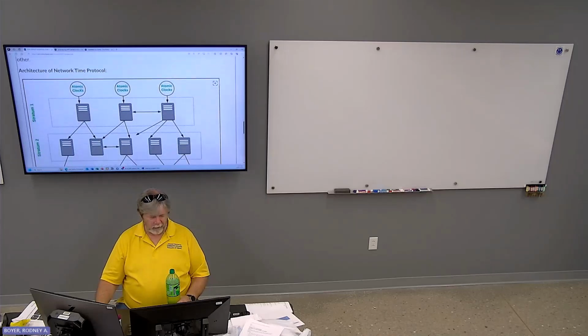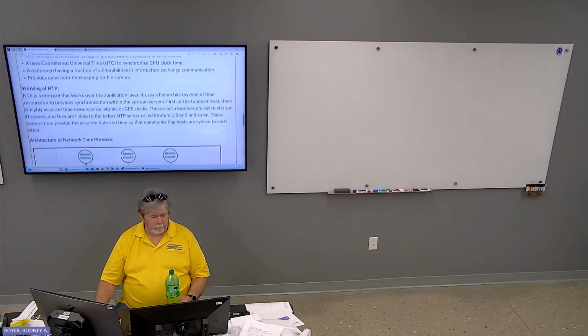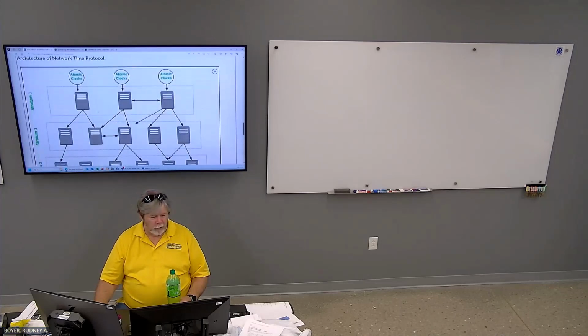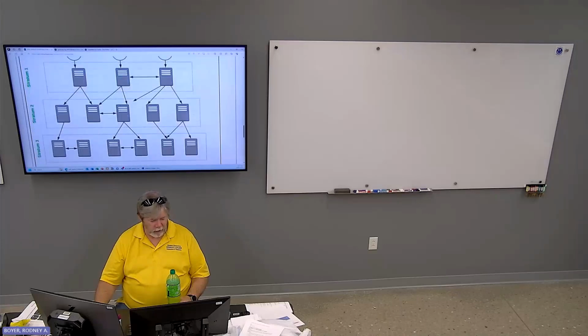Pardon me, the atomic clocks up here are stratum 0. Notice it says or GPS clocks. Every GPS satellite has an atomic clock on board. So the definition of stratum 0 is an atomic clock. Stratum 1, stratum 2, stratum 3.